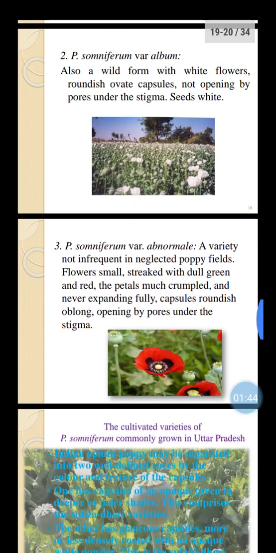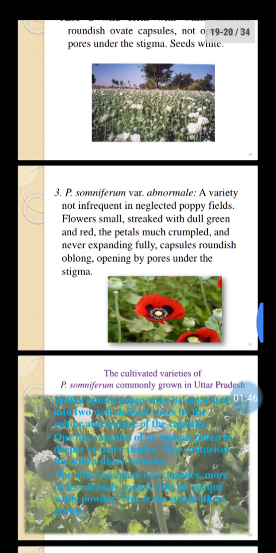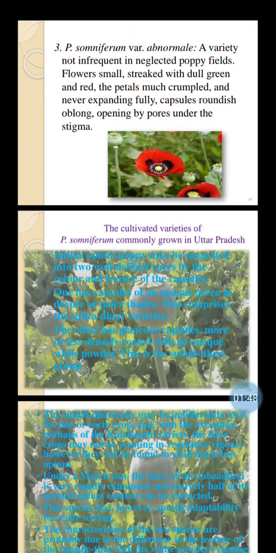So this was the last lecture. Today you will see the cultivation of the varieties of Papaver somniferum commonly grown in Uttar Pradesh. The Indian opium poppy may be divided into two well-defined phases, distinguished by the color and luster of the capsule.